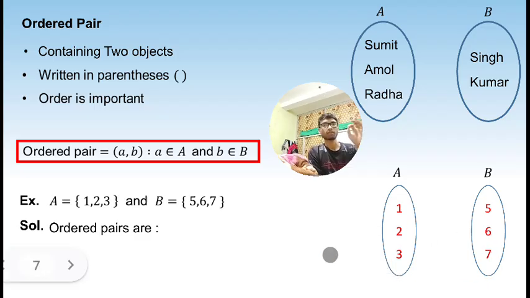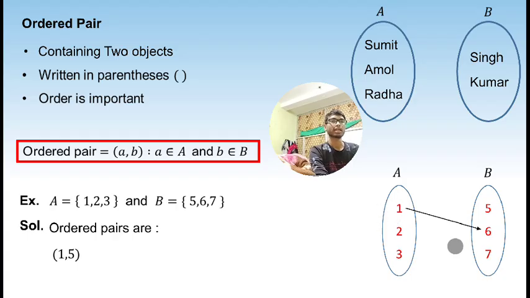First of all, we will have to relate A to B. Here 1 is mapped to 5, so we write (1, 5), surrounded by parentheses. Here the first belongs to set A and the second belongs to B. Clear?